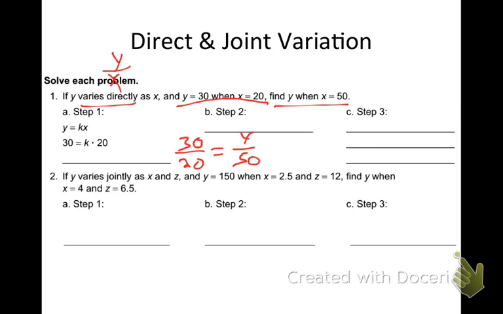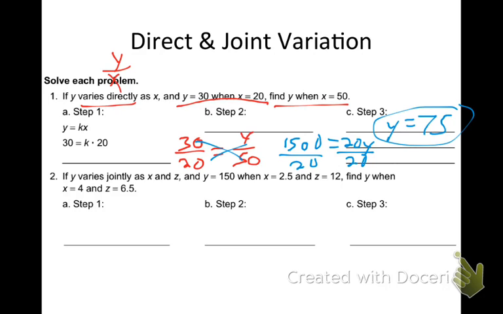Cross products. 30 times 50 is 1500. 20 times y is 20y. Divide both sides by 20, and y comes out to be 75. That's all it's asking. Proportions. In a sense, just kind of wordy problems.